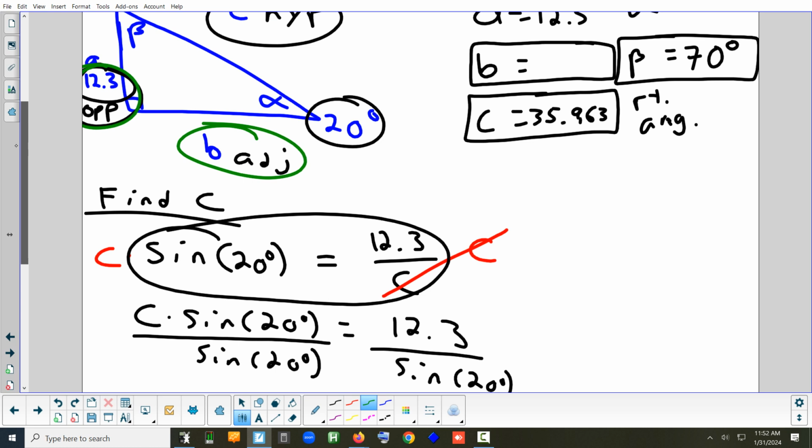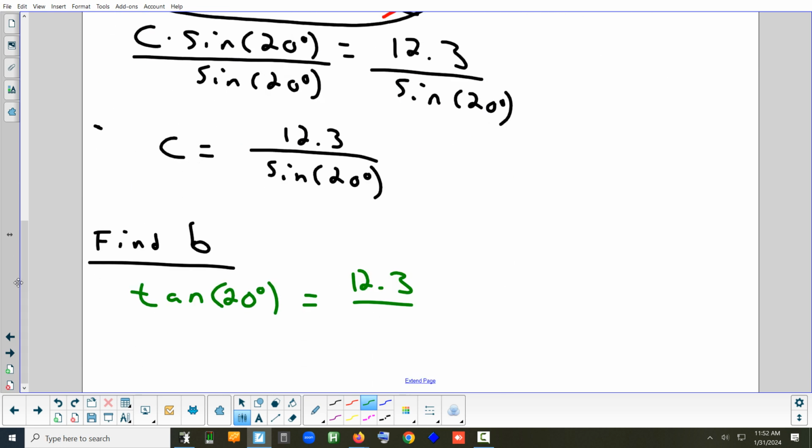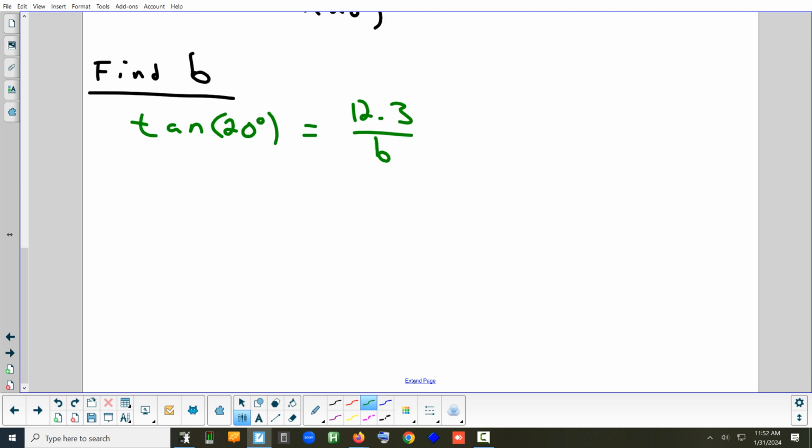And the adjacent? B. That's what we're trying to find. Is the letter in the bottom? Yes. Then I can use the trick of just switching the left side and what's in the bottom. So B equals 12.3 over tangent 20.